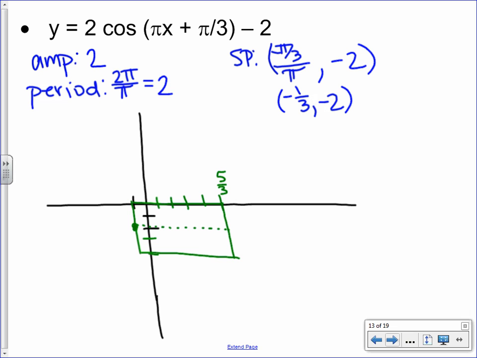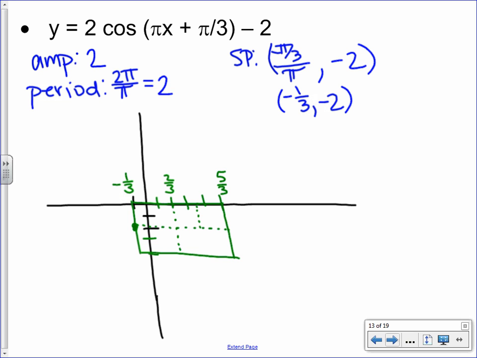What is halfway between negative 1/3 and positive 5/3? Add them together, divided by 2. 2/3 is halfway between. What is halfway between 2/3 and 5/3? Add them together, you get? What's 2/3 plus 5/3? 7/3.